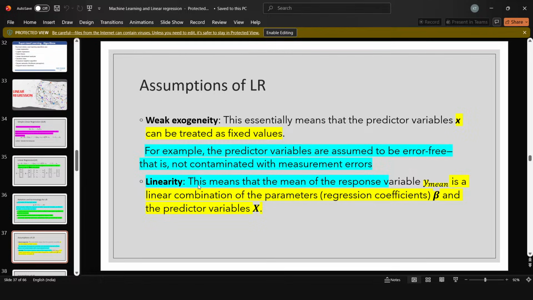Next assumption is linearity. Of course, linear regression itself tells that the line is going to be linear. You cannot expect curvy lines to predict the values, right? So that is what is said here. This means that the mean of the response variable y is a linear combination of the parameters beta and the predictor variable x.